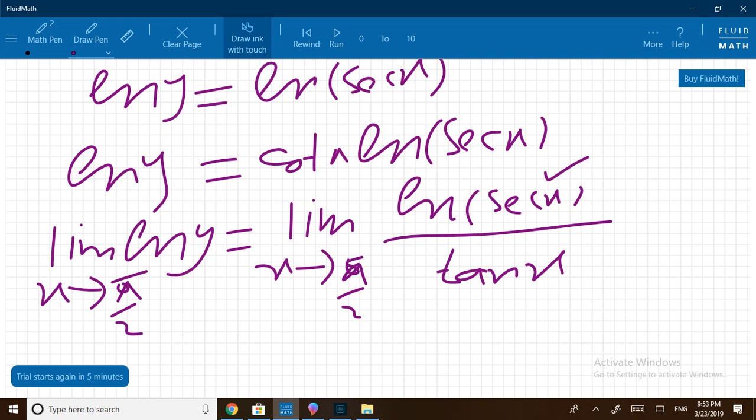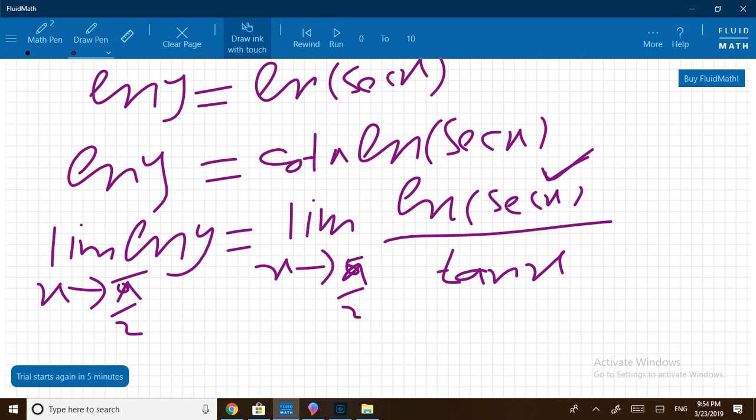Since the limit is pi by 2, then 1 over cos pi by 2, and cos pi by 2 is 0. So 1 over 0 means infinity, and natural log of infinity is infinity.